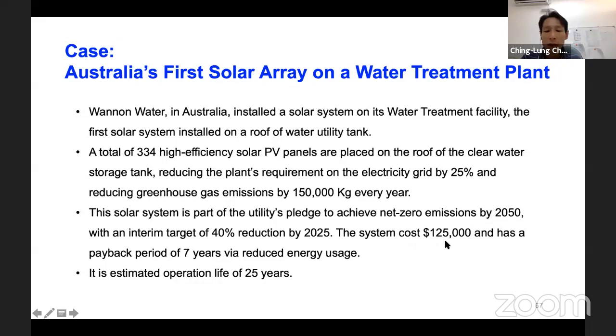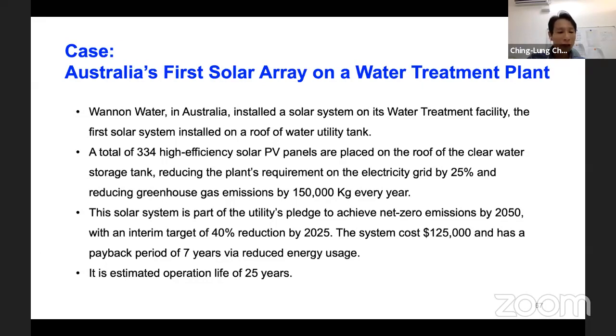The system costs about 125,000 and has a payback period of 7 years. It means when they build the solar panel as their renewable energy, it takes about 7 years, and then you can start to make money.